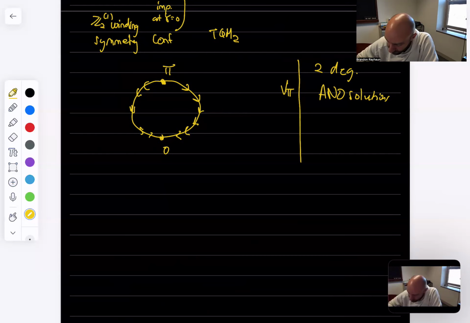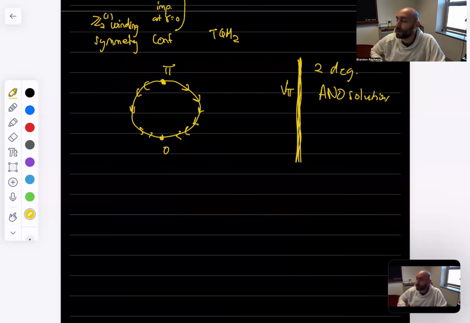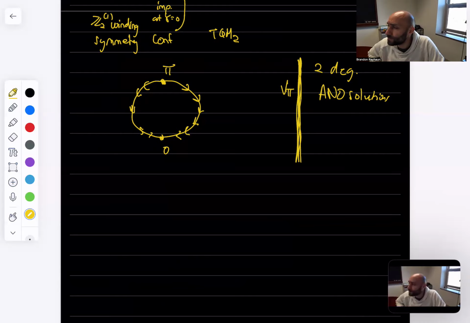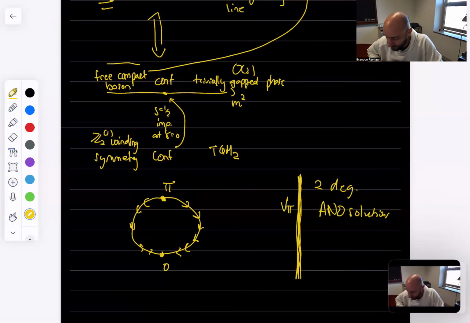They're not quite the ordinary ANO solutions. They have modified boundary conditions at the origin due to the vortex line being present. So I guess you're asking, do these ANO solutions have any avatar on the O2 side?